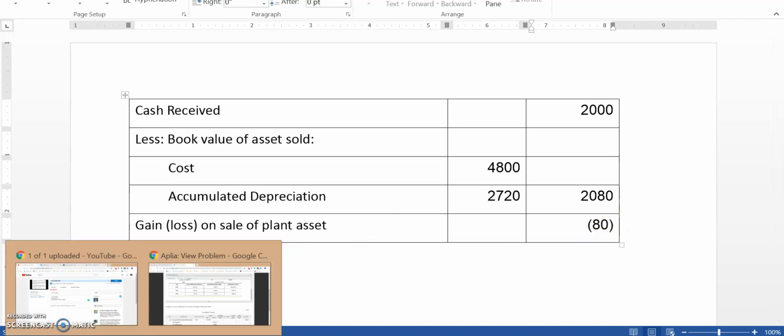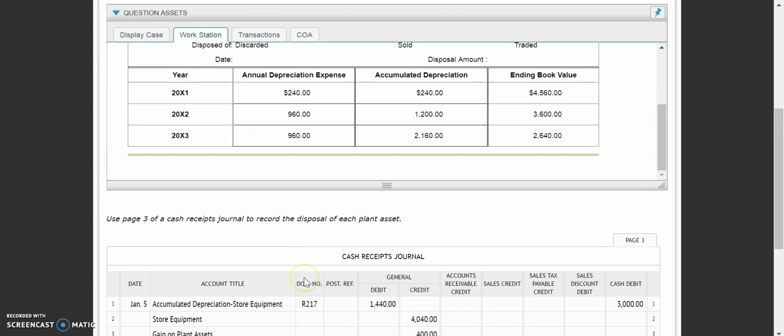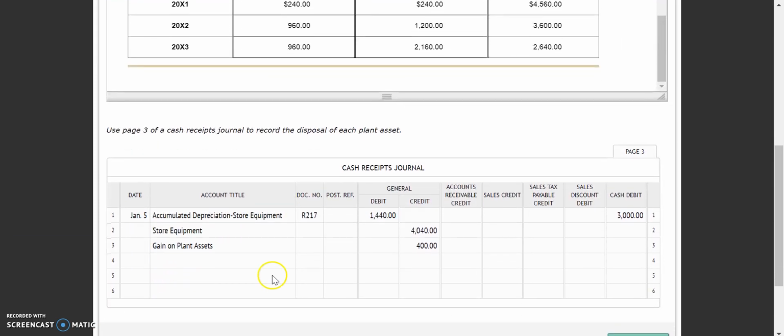So let's go back to Applia and scroll down here and put in our August 10th date. So the accumulated depreciation is still going to be debited because we are disposing of that office equipment, that plant asset.